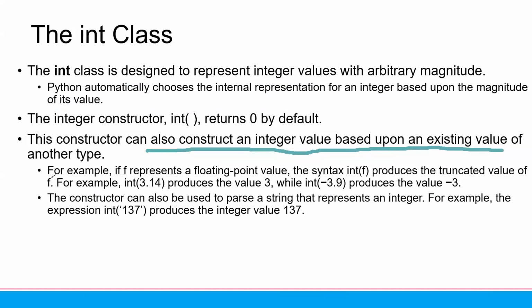For example, if f represents a floating point value, then the syntax int(f) will produce the truncated value of f. Let's see, int(3.14) will produce 3. And int(-3.9) will produce the value -3.